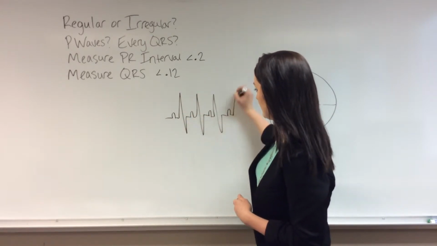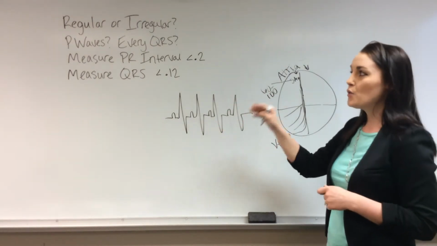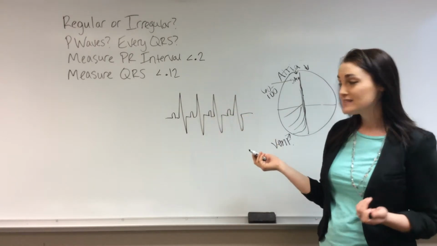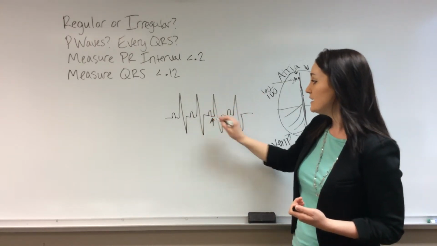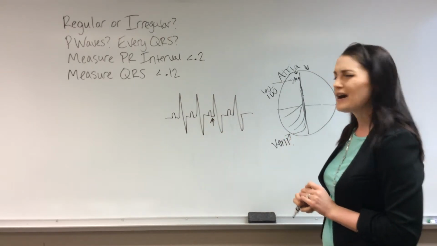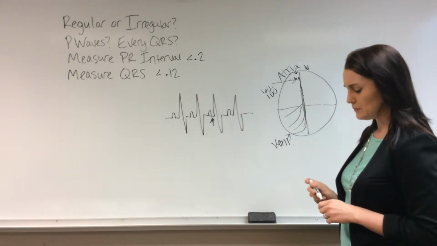Everything else being normal, it's nice and regular. We have P waves. We have a P wave for every QRS. Our PR interval here is less than 0.2. QRS is nice and narrow and of normal shape.